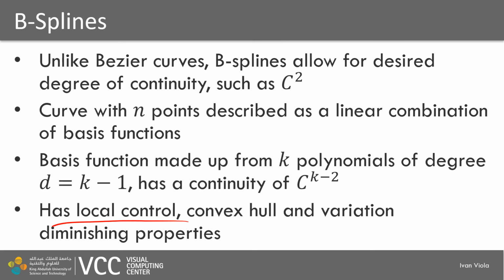So the B-spline curve, the final curve, will have endpoints, and it is described as a linear combination of the basis functions, as we are used to from the previous cases. The basis functions are made from k polynomials of degree k minus 1. What is meant by that?